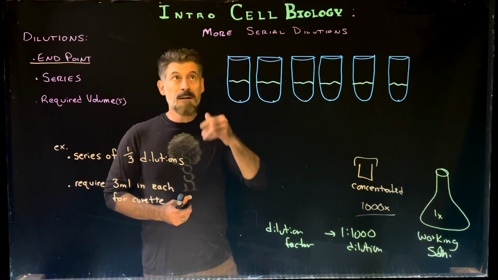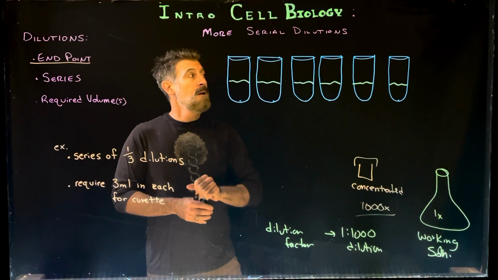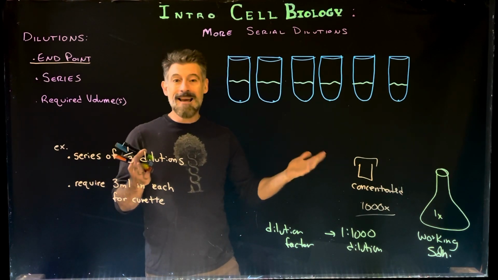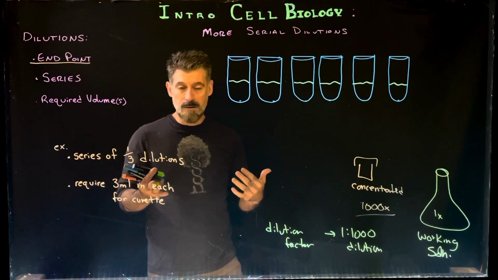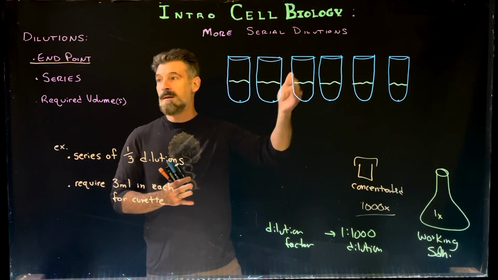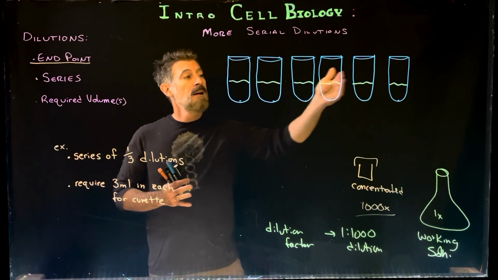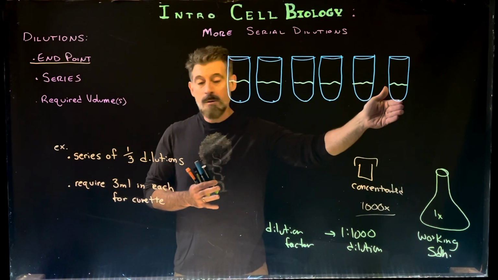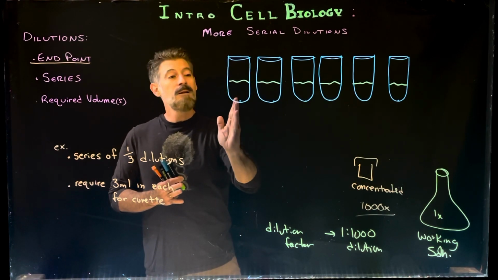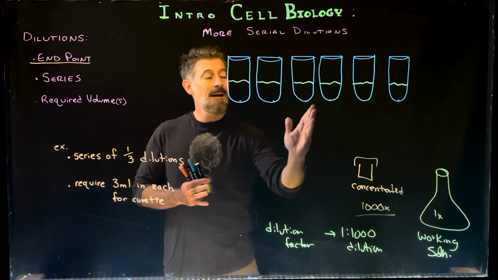All right, so the thing is, what you have to know is the requirement of your endpoint. Like, what do you need to get in the end, and sort of plan backwards for that. And that's going to be the case with all the sorts of things that you're going to do. Even if it's a series, are you going to require just the tube at the end, or is it required that you need the solution in every single tube?